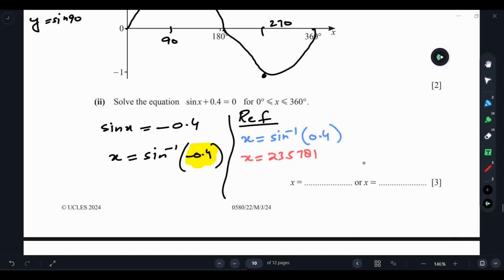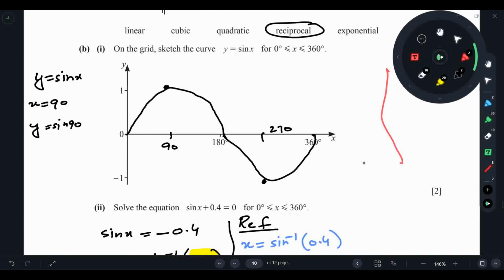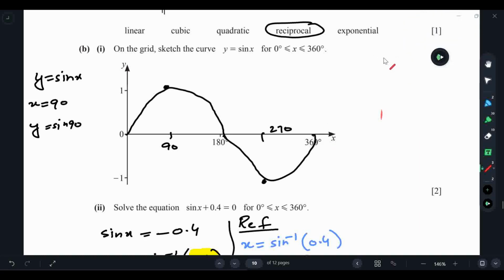Keep this thing in your mind. Now we have to use the CAST. CAST. This will be the vertical line. This will be the horizontal line.